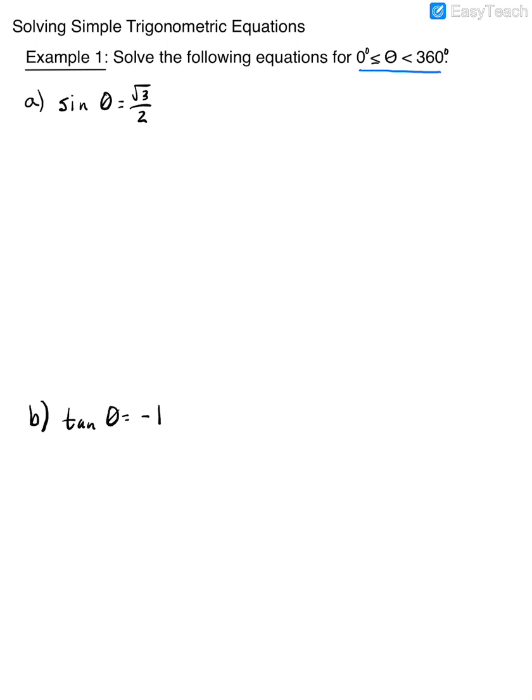So if I was to draw my unit circle here, okay, sorry for the poor circle, I know that sine, from all of our other discussions, should be attached to y, right?